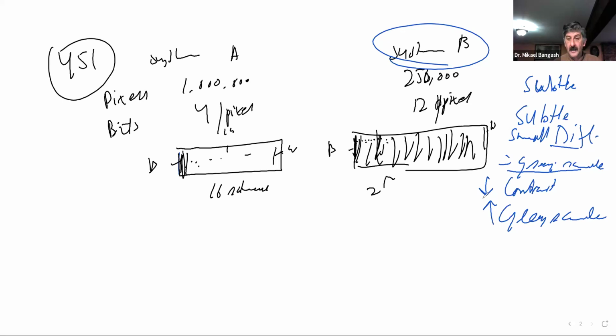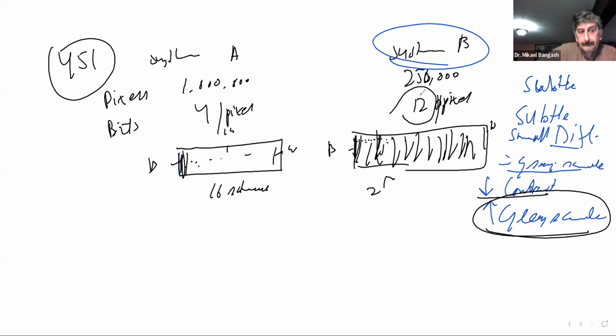That is a lesser difference in the gray shades, which means a lesser contrast. And a lesser contrast means it's the one with a greater grayscale, which is this one here, because of the greater number of bits.